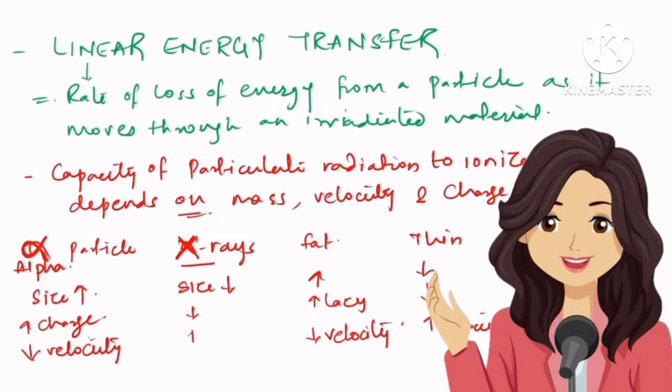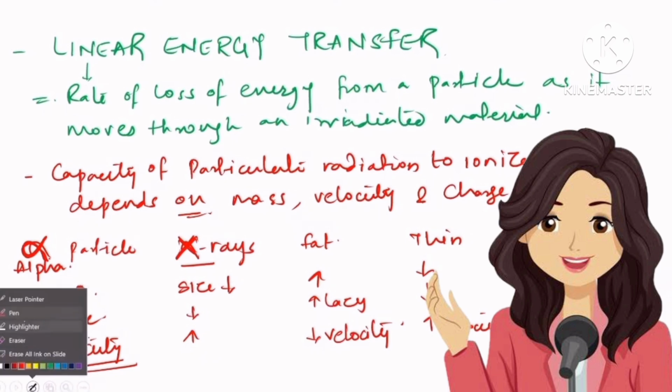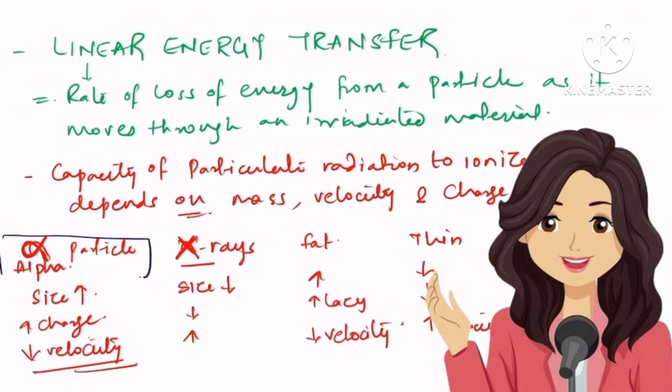I'm just comparing so that this concept is easier to understand. So with the high charge and low velocity of alpha particles, alpha particles are more ionizing compared to X-rays.